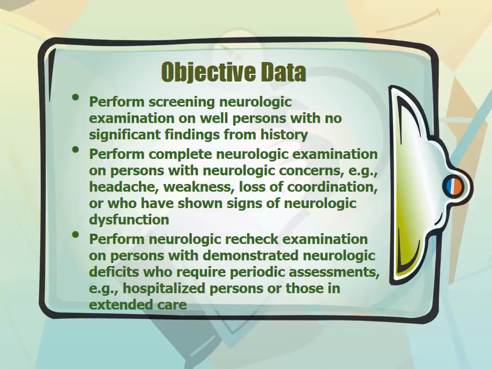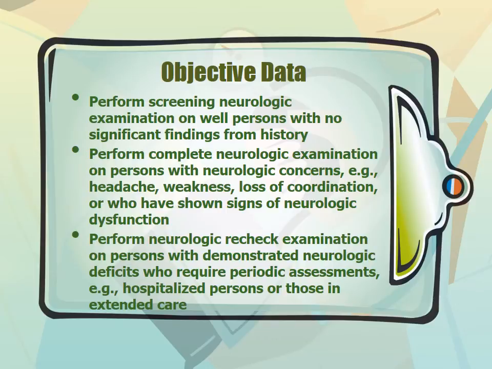All right, objective data. So what are we going to be doing when it comes to actually doing the assessment? Well, we want to make sure, of course, that we prepare properly first. So we're going to perform the screening neurological examination on well persons with no significant findings from the history. So we're going to assume when we start this that neurologically they have no problems.